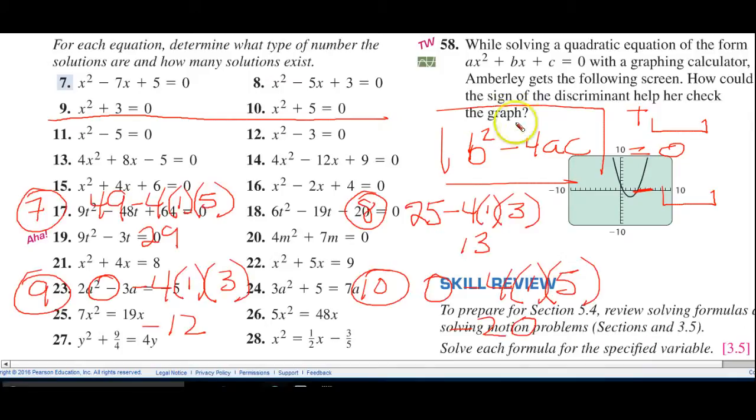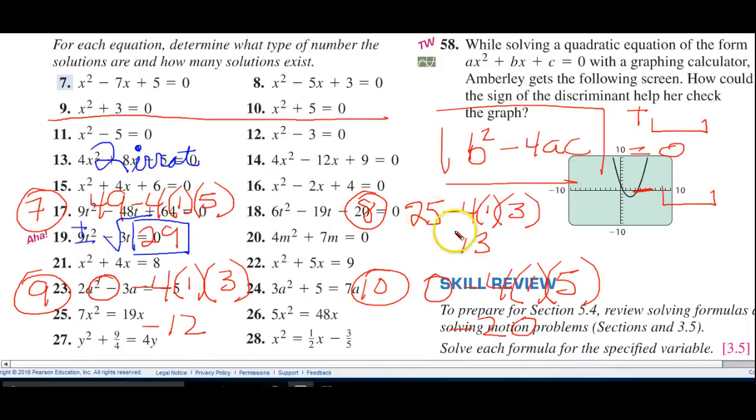So let's take a look at these. I've substituted, I have my discriminant, and I end up with a 29. So this is going to be under the radical sign, and 29 is not a perfect square, so we're going to have 2 irrational numbers as solutions.